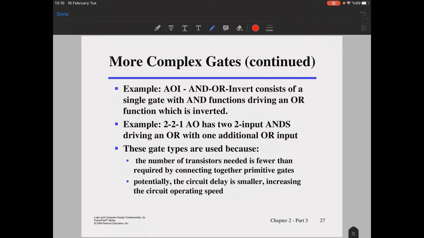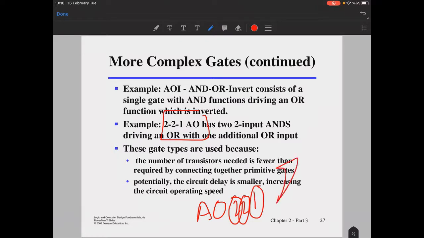Here we look at an example like 2 A, O, 2 to 1. This one corresponds to a 2-input AND and 2-input AND and an extra input driving an OR gate. This is what it looks like.